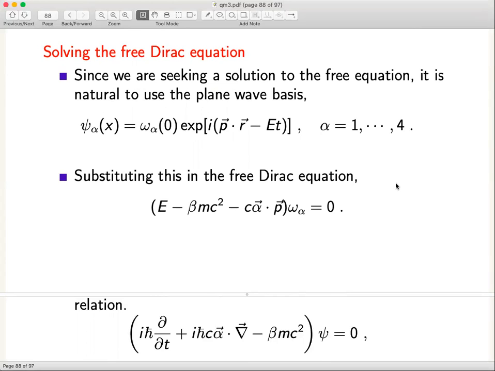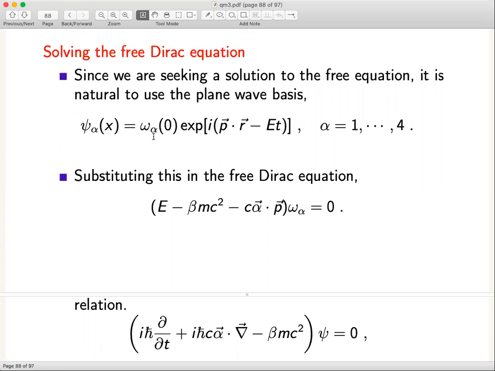So you can write down psi alpha of x as omega alpha 0 times exponential of i times (p dot r minus Et). Here x is basically a 4 vector written as (t, r vector).